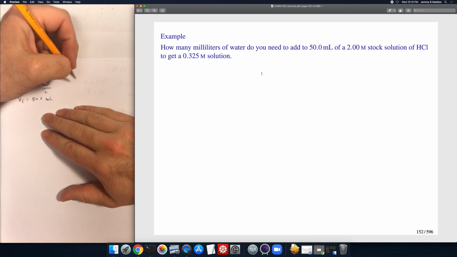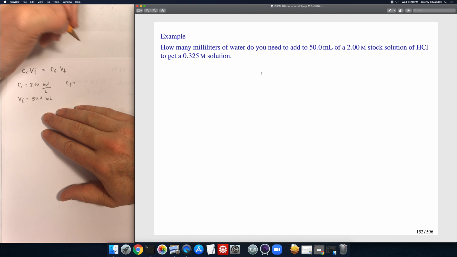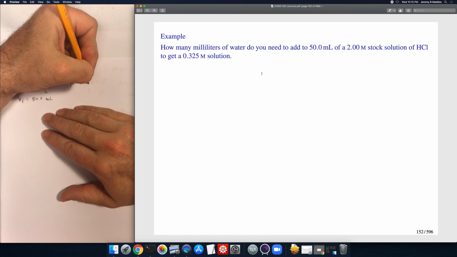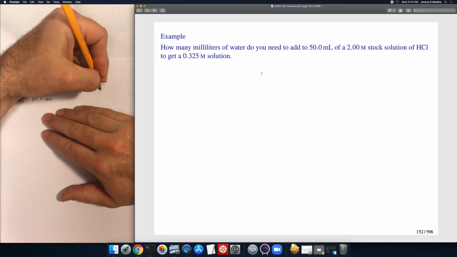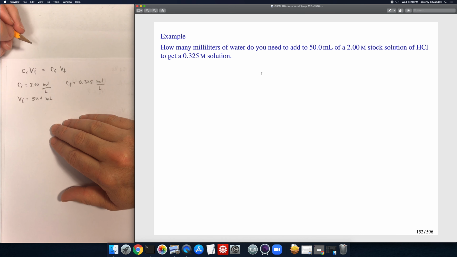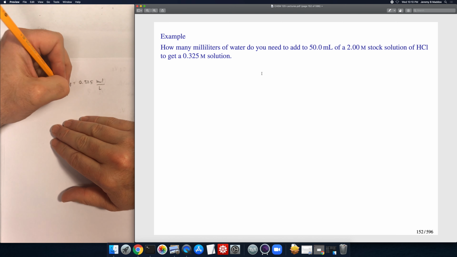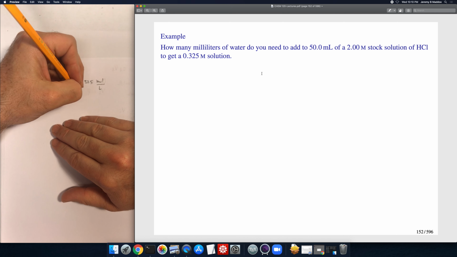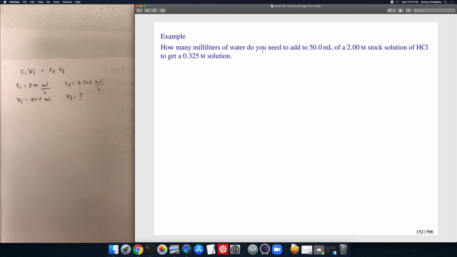The final concentration is the 0.325 moles per liter. And then the final volume is what we're trying to find. Now, the final volume will not answer the question, but we need the final volume in order to answer the question. Let me show you. So first, let's just find the final volume.